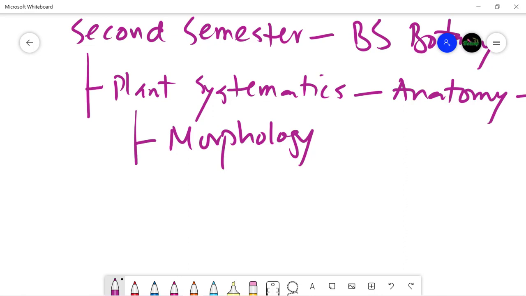That is what you should have in mind when you are studying morphology of angiosperms, especially if you are new to morphology or if you haven't studied morphology of angiosperms in detail in the past. Then this course introduces you to the various concepts of morphology.